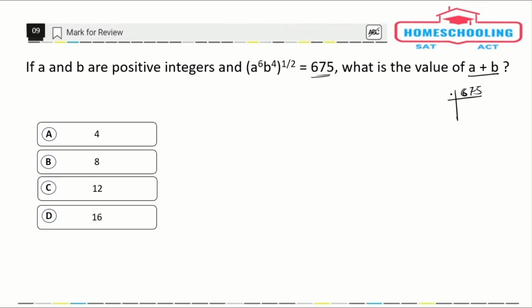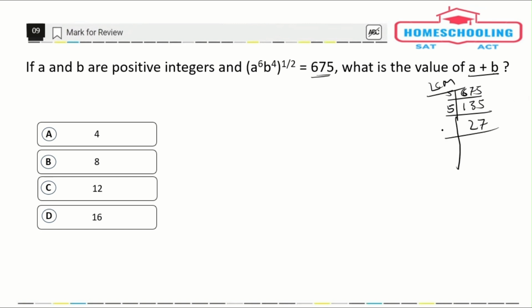It will go 5 times, and that would be 1, 3, and 5. Then can we further divide? Yes, 5 would go 2 times, and 7, 5, 7, 5, 35, so 27.